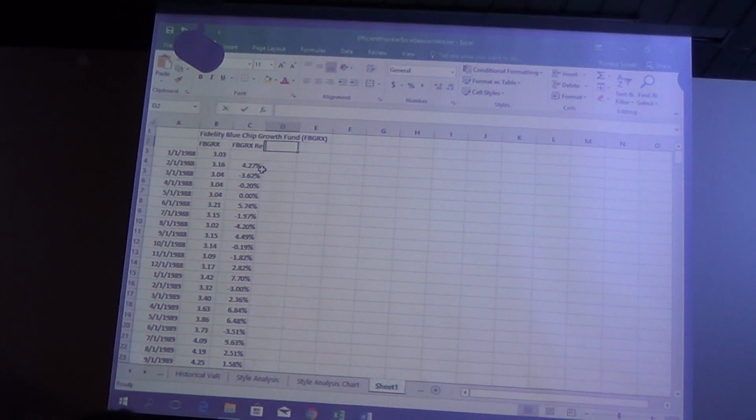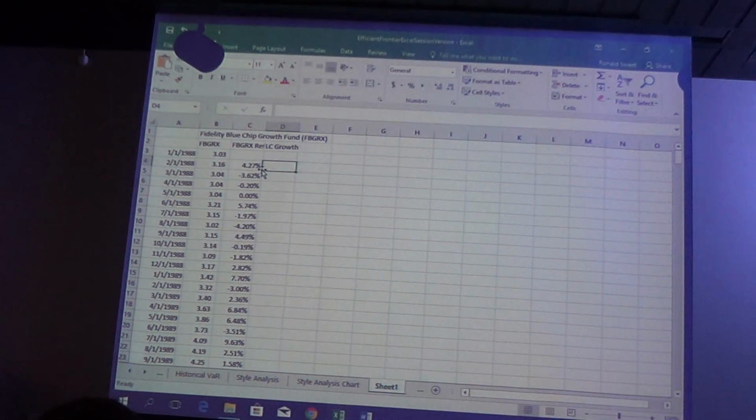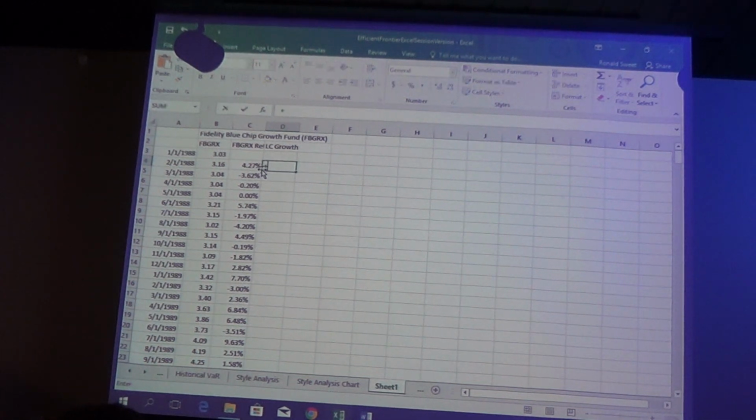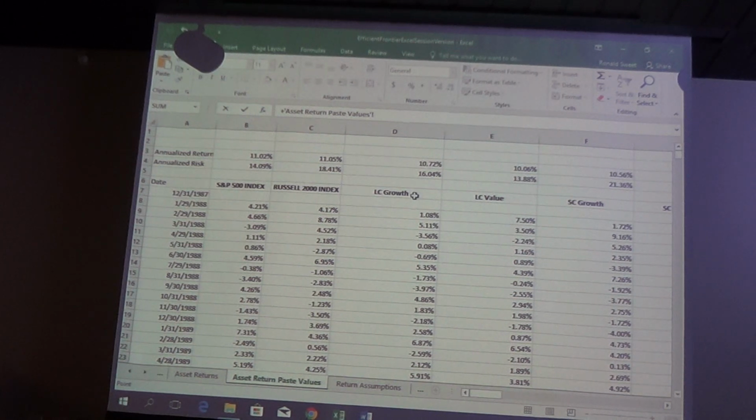I'm now going to do large cap growth. So I'm starting with February 88. I just do plus, and I go over and find asset return paste values. Make sure you do paste values because the asset returns is tied to Bloomberg. You'll get a bunch of errors. So paste values. Here's for large cap growth. Here's February. See how that's February? February large cap growth. Right?